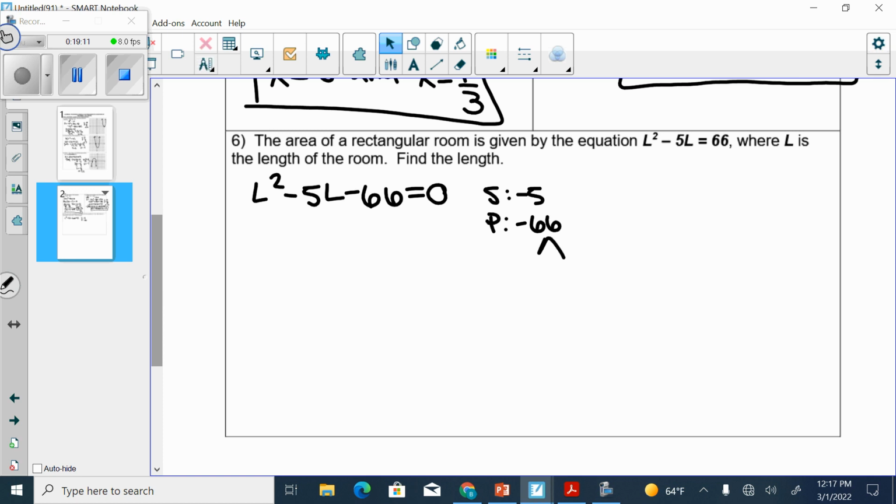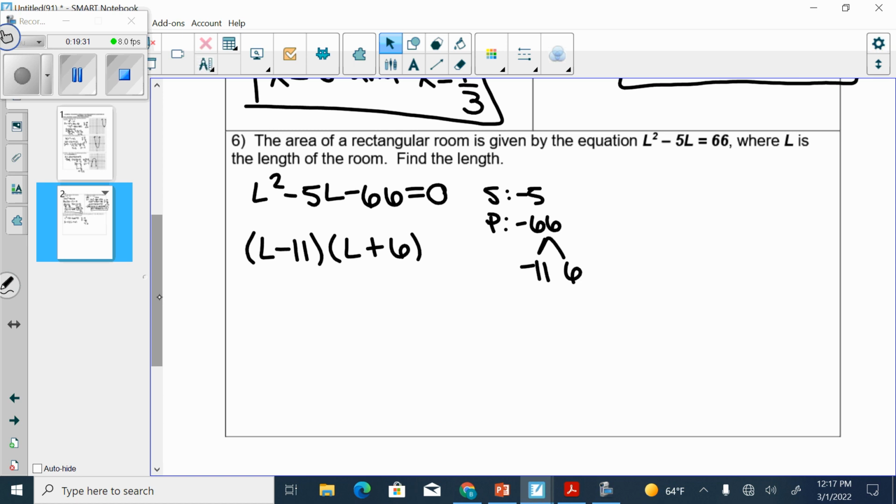Very good. So negative 11 times 6 is negative 66, and negative 11 plus 6 is negative 5. So in my parentheses, I now have L minus 11 and L plus 6.